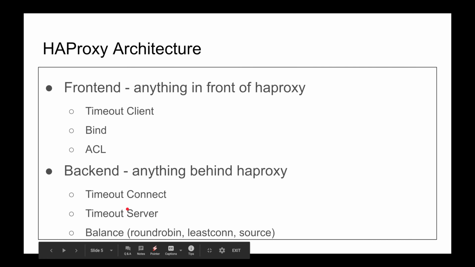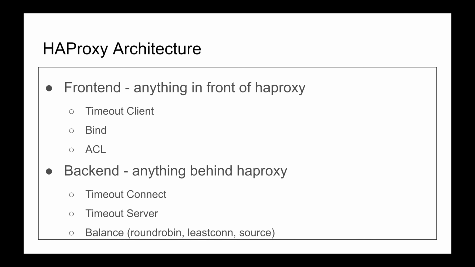Timeout connect, right? This is a very important thing. You are in the backend now, guys. So the HAProxy is connecting to your backend servers, these Express, these Django servers, okay? And when HAProxy tries to connect, how long do you want HAProxy to wait before it gives up connecting?